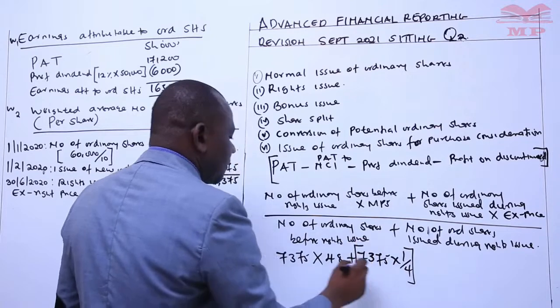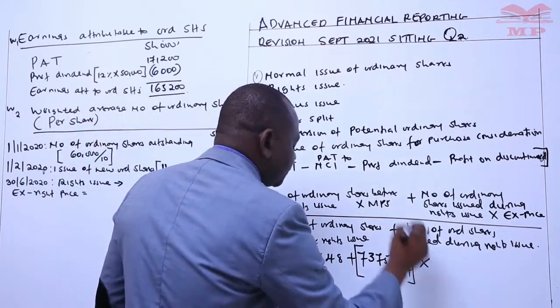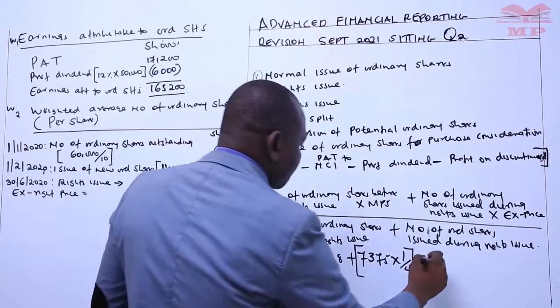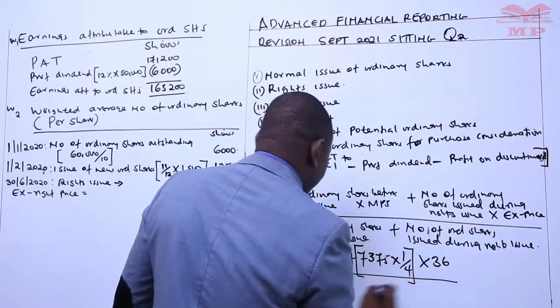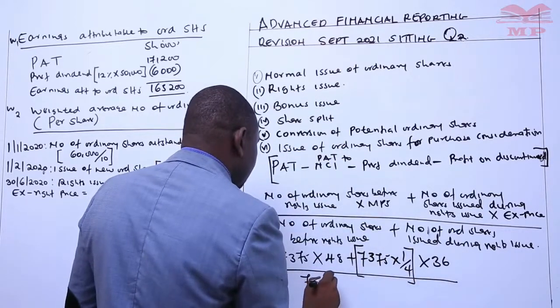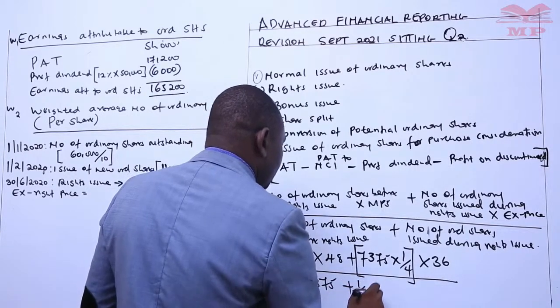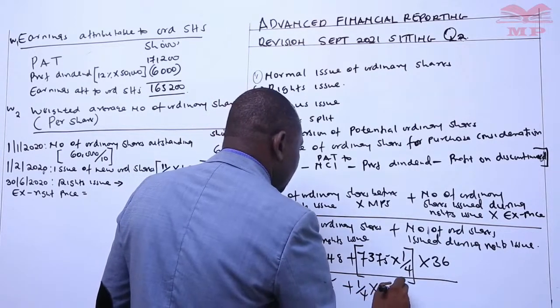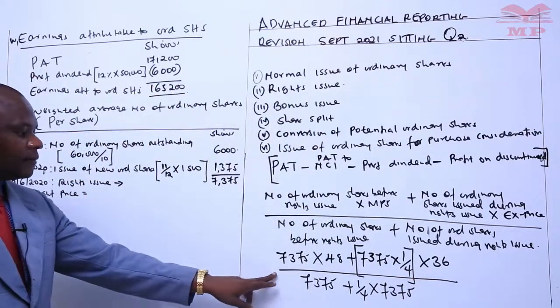This is getting the number of shares issued during rights issue. Then times the exercise price, which is 36, over 7,375 plus 1/4 times 7,375. This is option 1.